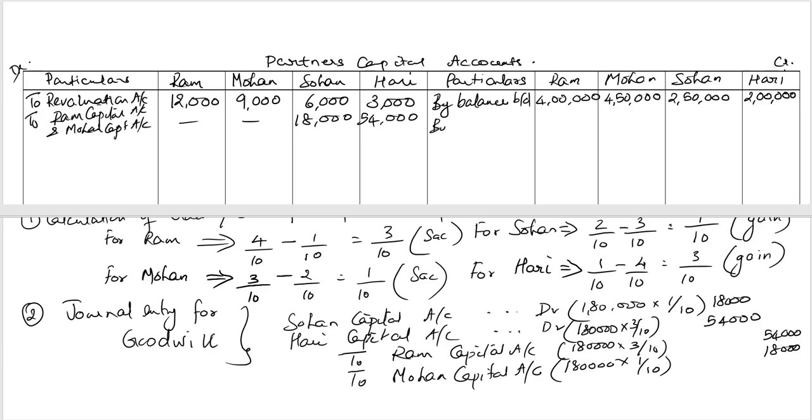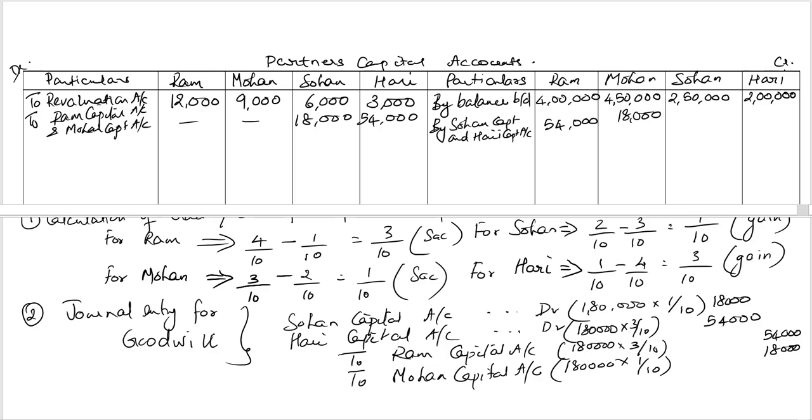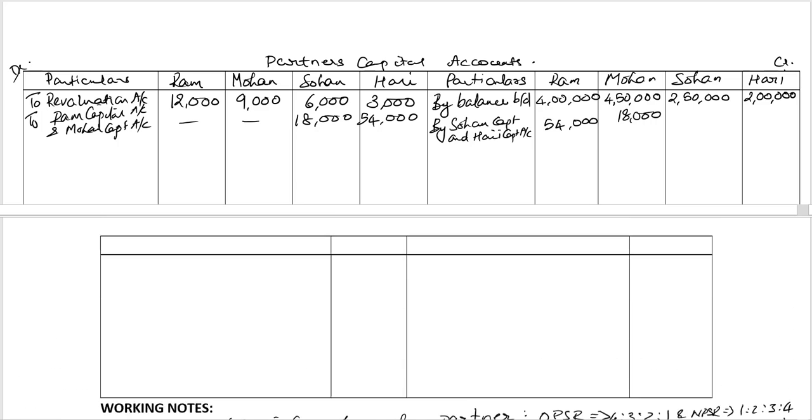And on the other side, by Sohan capital and Hari capital account, we need to credit Ram's capital account with 54,000 rupees and credit Mohan with 18,000 rupees. So let's go back to the partner's capital account.